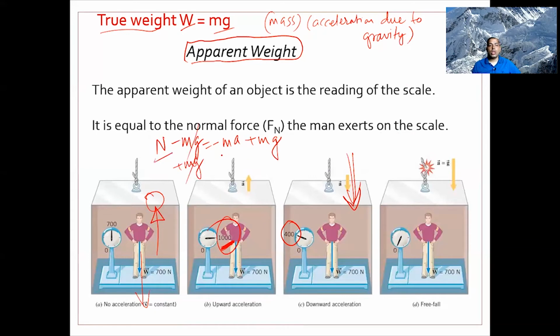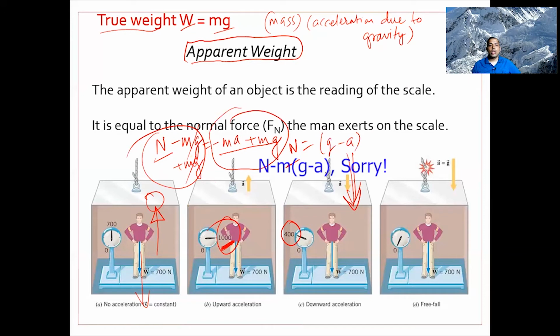You have N equals this. N is on the left, right? And what is this guy? g minus a. I put the positive first, then negative, okay? You can factor out m, then m(g minus a). So what is your g? g is 9.8. Then whatever acceleration you have, you have to subtract. That's why it is less, okay?